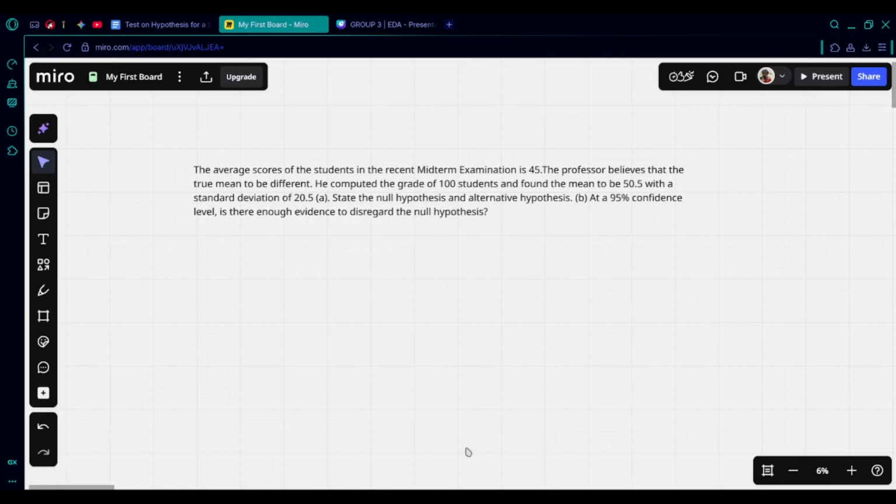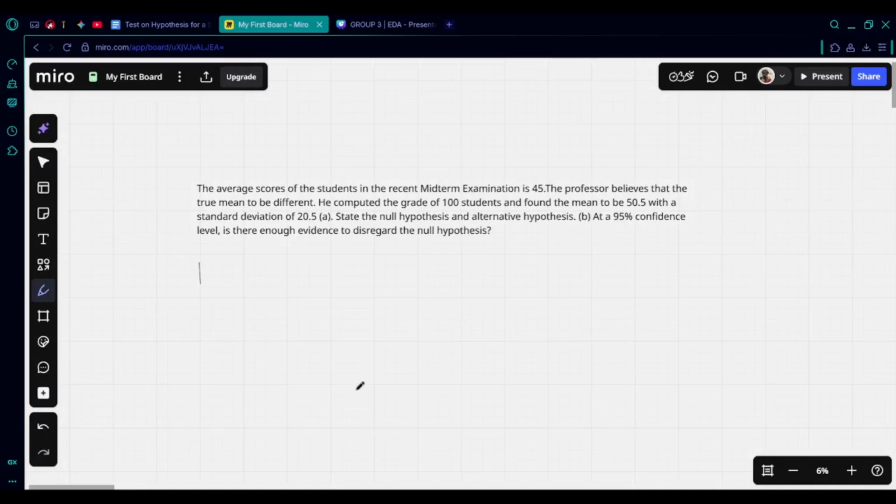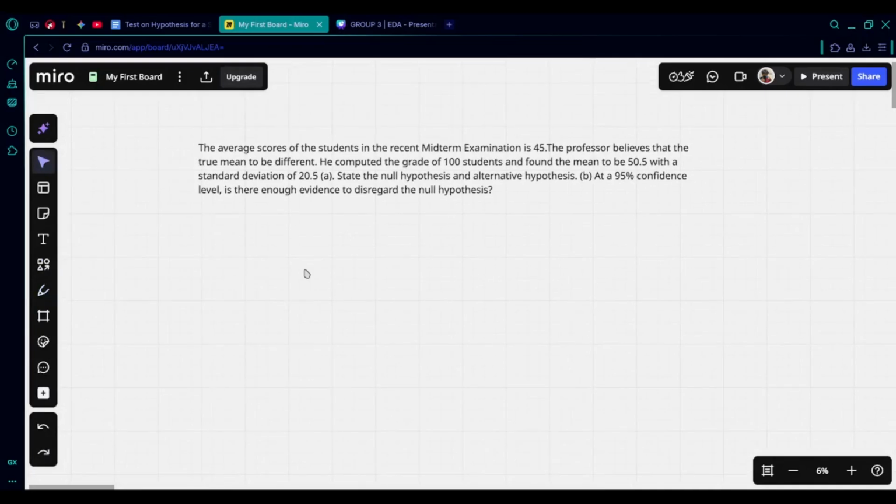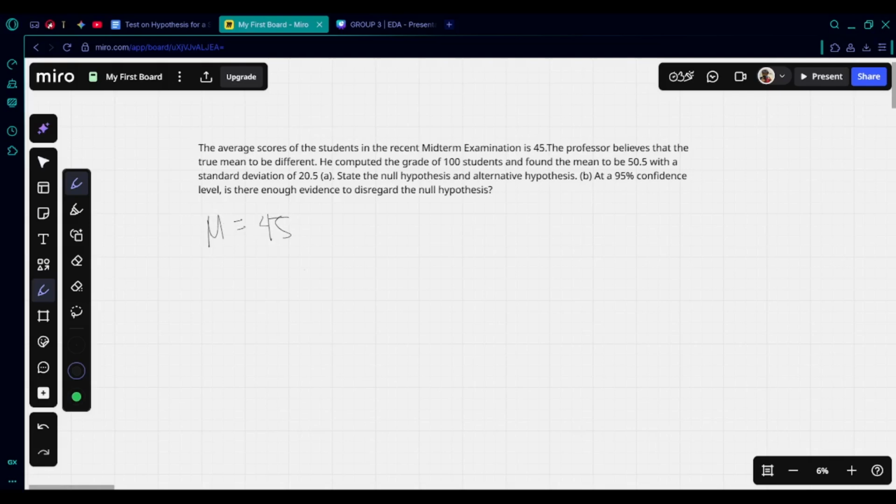The average score of the students in the recent midterm examination is 45. First, we have to list down the given in the problem. So we have here our mu is equal to 45.